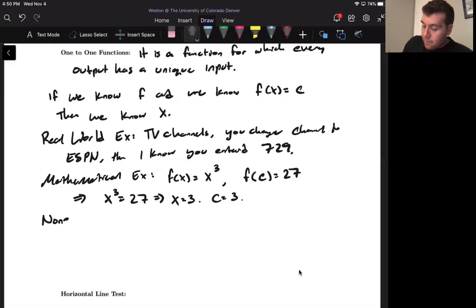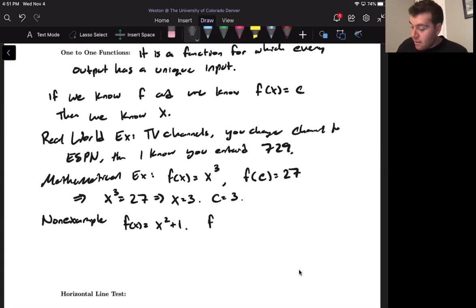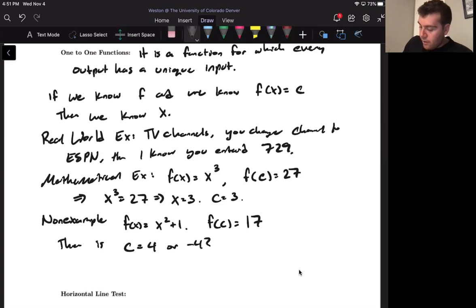But a non-example would be the function f of x equals x squared plus 1. Because if someone was playing around with the function and found that f of c, in this case a different c than above, was 17, then is c equal to 4 or negative 4?